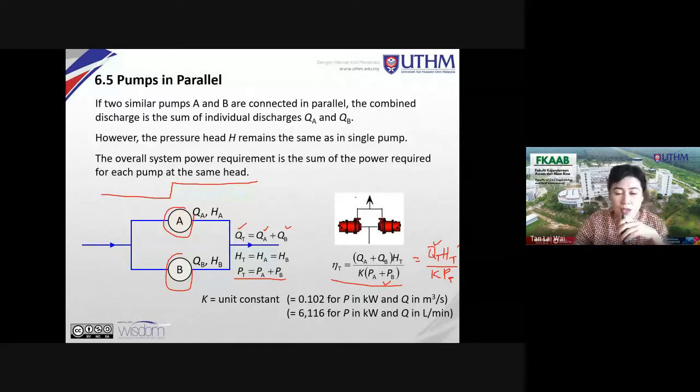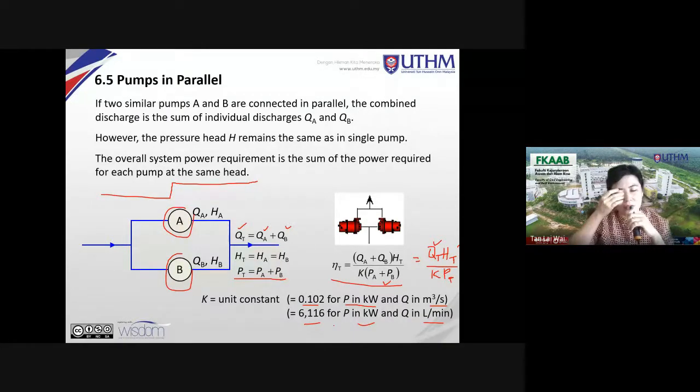For the unit constant, you'll be using 0.102 for P in kilowatt. That means your P is in kilowatt and your Q in meter cube over second. If you are using Q in liter over minute, not liter over second, but liter over minute, and your P is in kilowatt, then the unit constant would be 6,116.